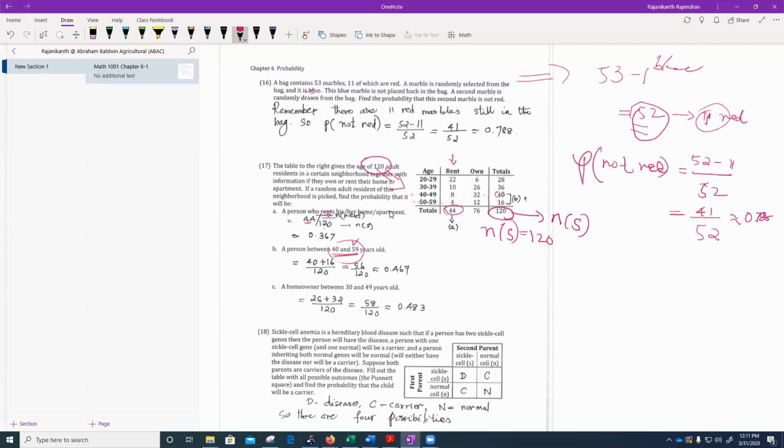For 50 to 59 there are 16 of them. When you add these two, you get the total number of people in this age range, which is 40 plus 16. Again, you are choosing out of 120, so your denominator is fixed for all three. Only the numerator you have to check. So 40 plus 16 is 56 over 120, was my second part.